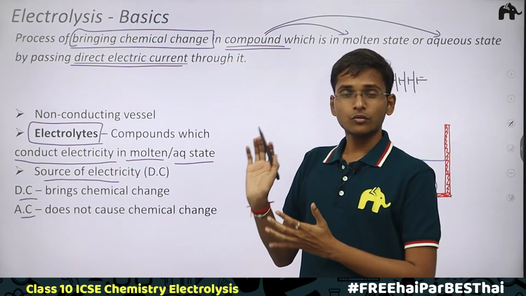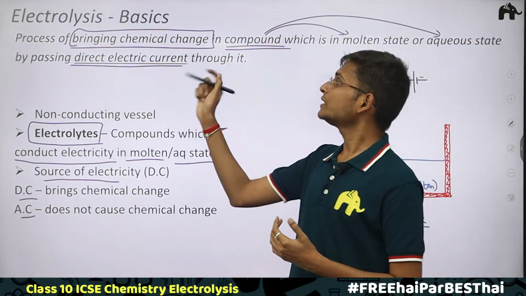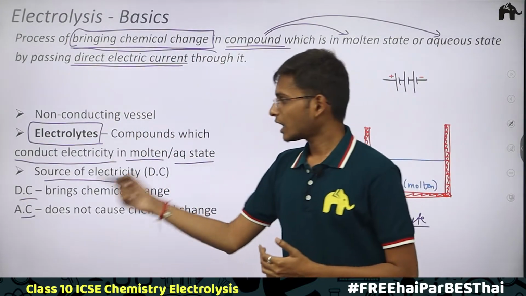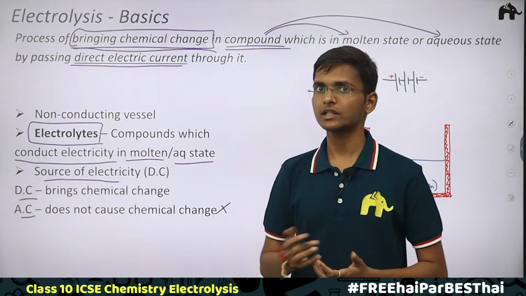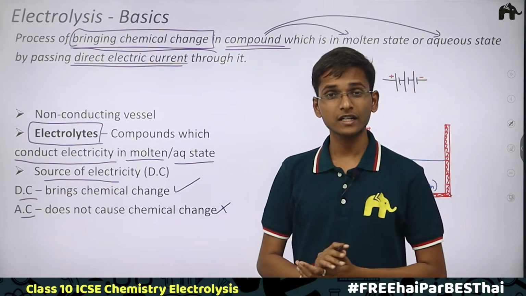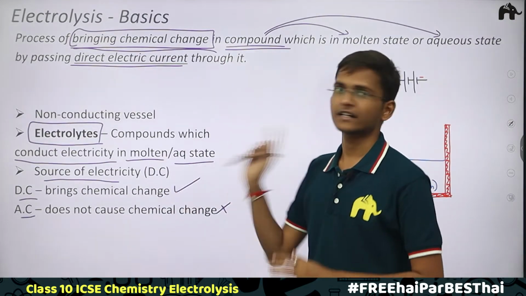So I can either use direct current or alternating current, but electrolysis is all about bringing the chemical change in a compound, and alternating current does not bring any chemical change, but direct current brings chemical change. So that's why out of direct current and alternating current, we always use direct current.